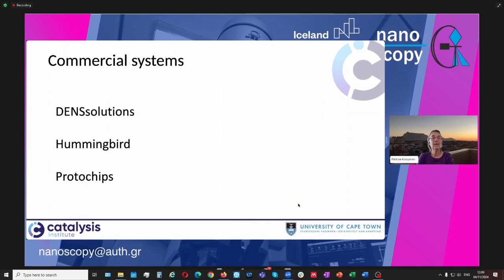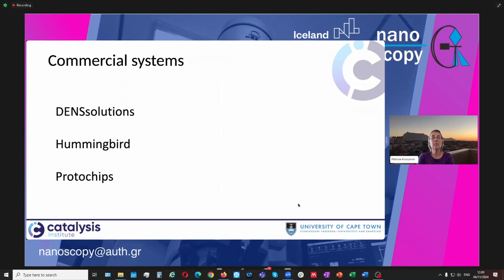Actually, for catalysis applications, DENSsolutions and Protochips are probably the best choices because they've got a low dead volume in their systems. And Hummingbird has a little bit bigger dead volume, so that's probably, in terms of the gas phase systems, more useful for example for hydrogen storage, where you mainly want to vary the pressure and the temperature and not so much the composition of the gases.